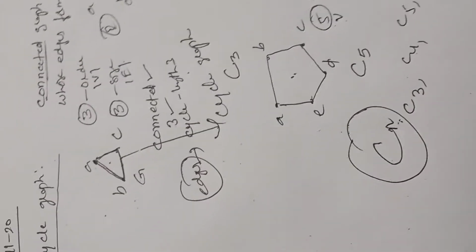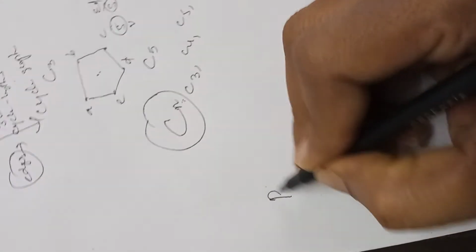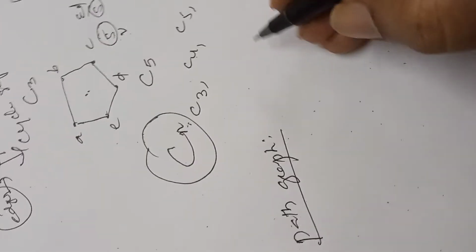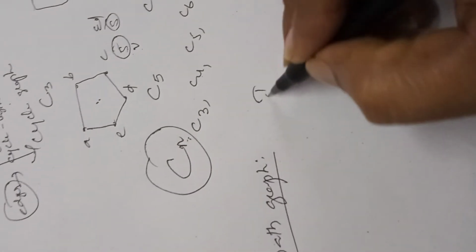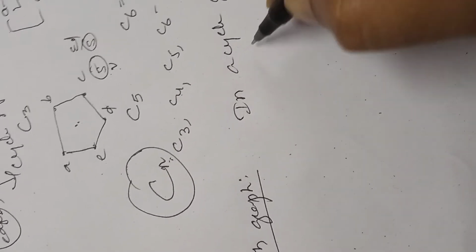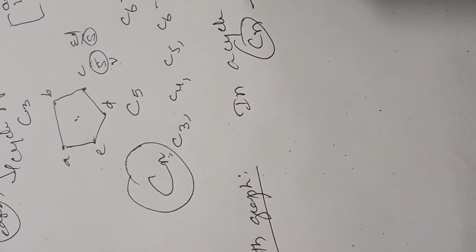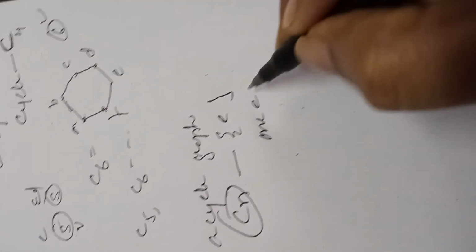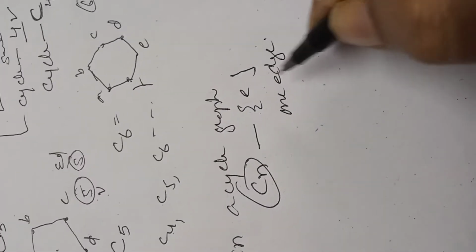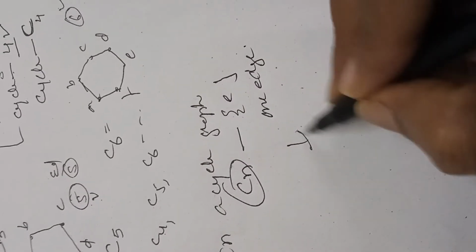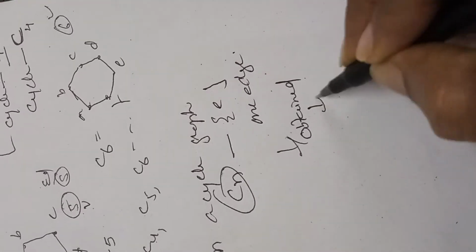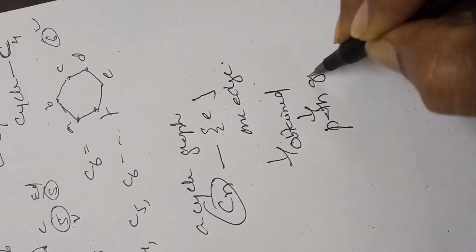Next one is path graph. Now simply, in a cycle graph Cn, if we remove one edge, then the graph obtained is called a path graph.